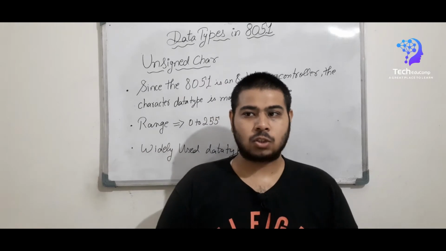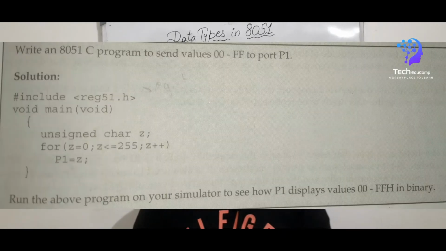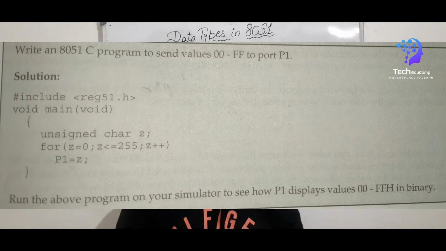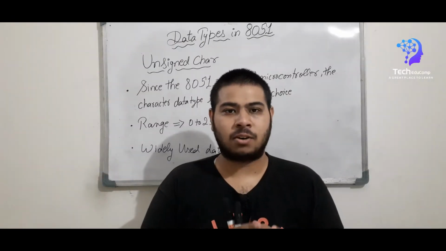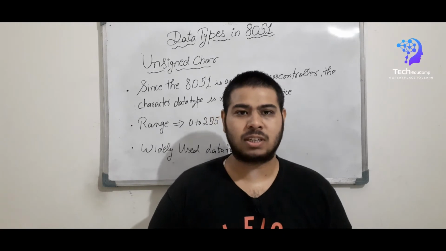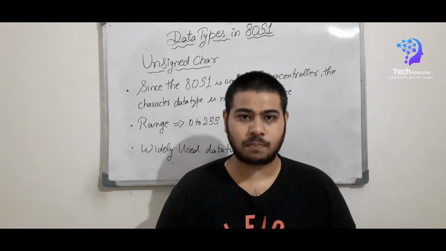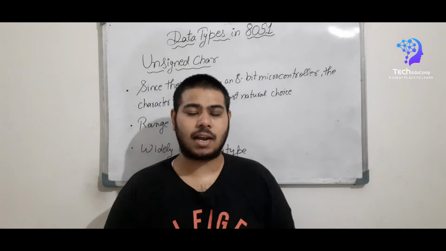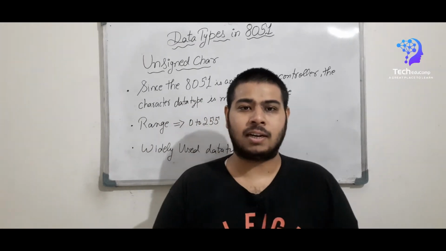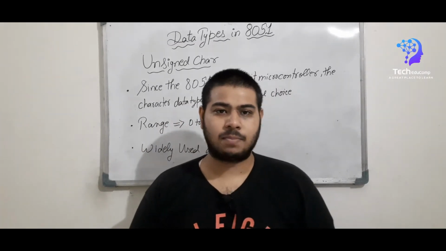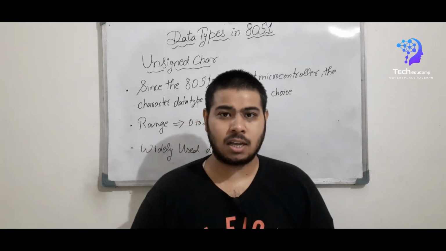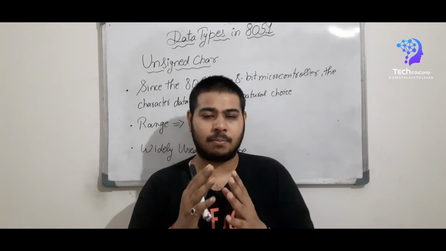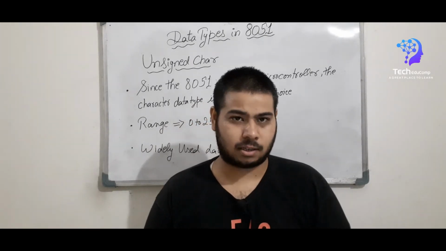On your screen there is an image of a simple program in which we have to display values from 00 to FFH on port 1. Notice that we have written unsigned char Z. Z is a notation, and by writing unsigned char Z, I have made Z an unsigned character.